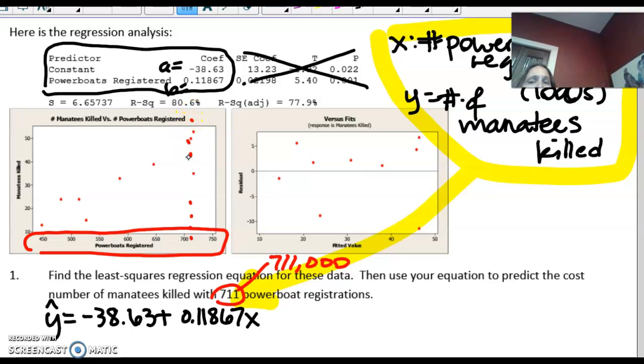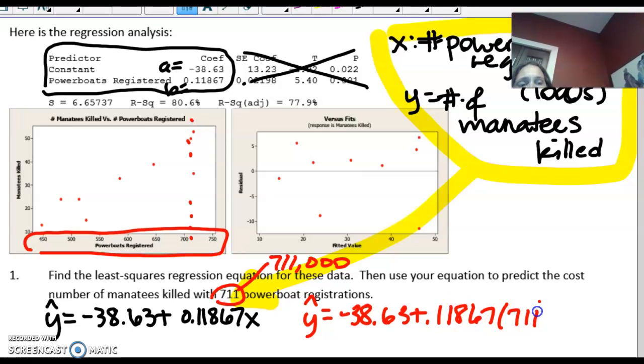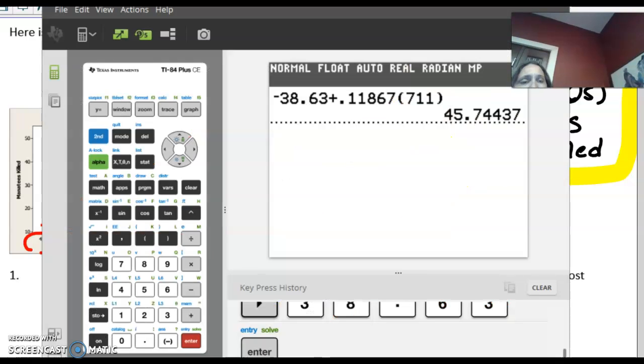We're going to go ahead and try to make a prediction. So plug in x equals 711 to get y hat equals negative 38.63 plus 0.11867 times 711. And when you check on the calculator, you should see that you get 45.74437.